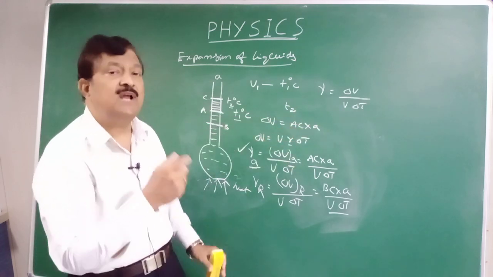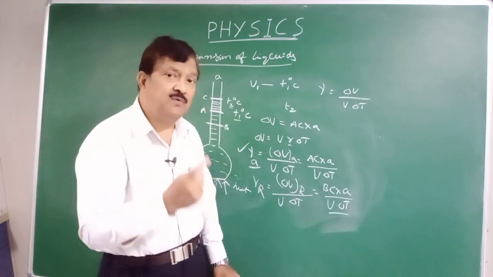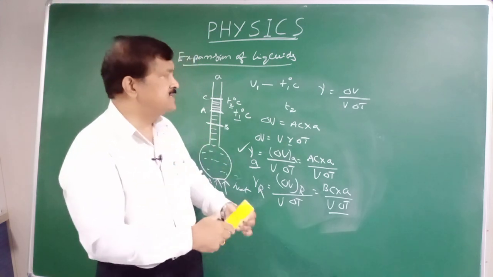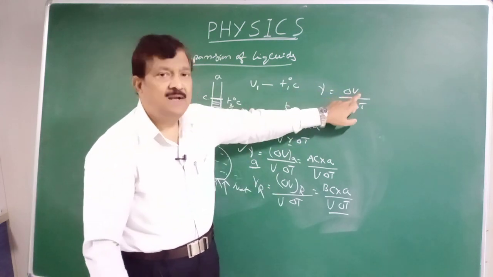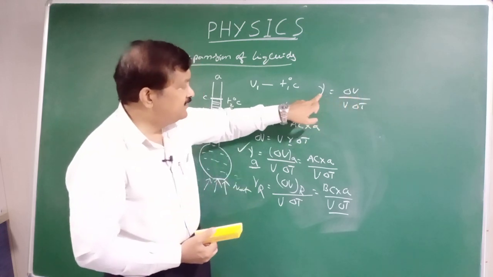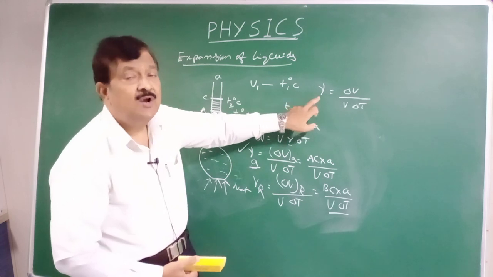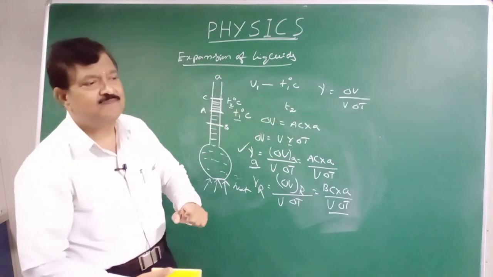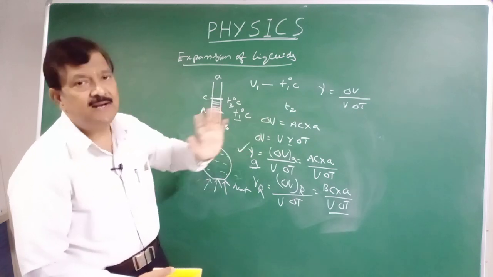So there are two types of coefficients of expansion for a liquid, even though it has only volume expansion. With the same equation, an apparent change in the volume gives the coefficient of apparent expansion, and a real change in the volume gives the coefficient of real expansion.